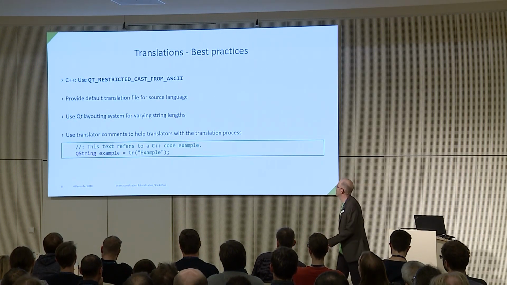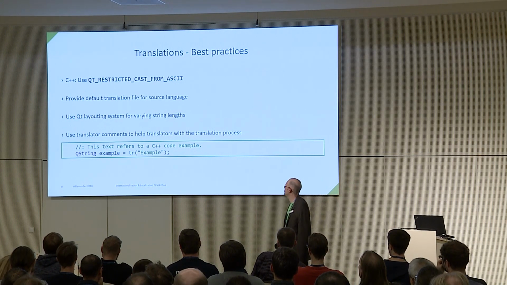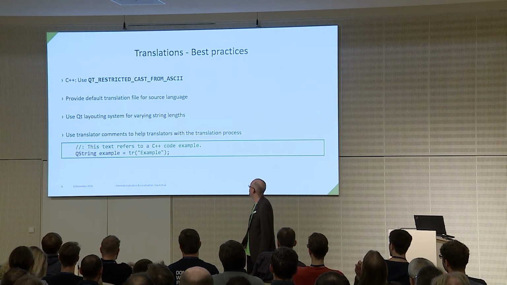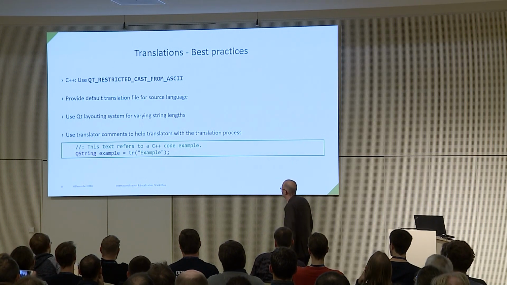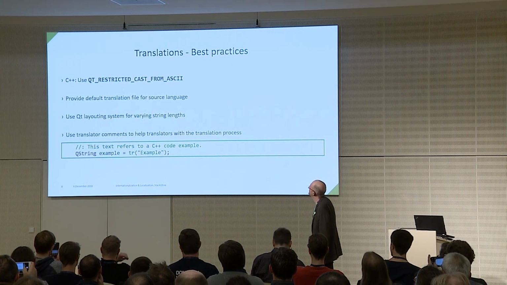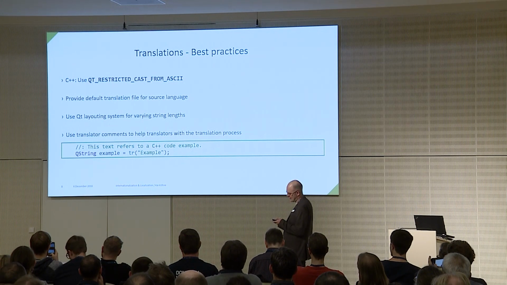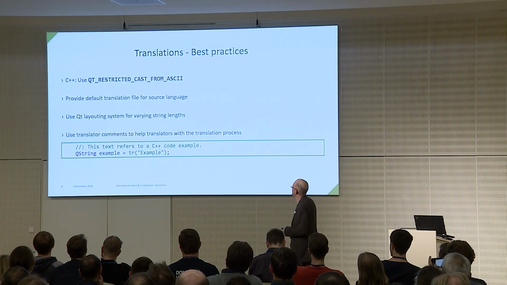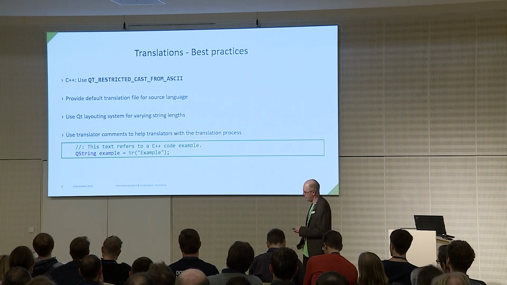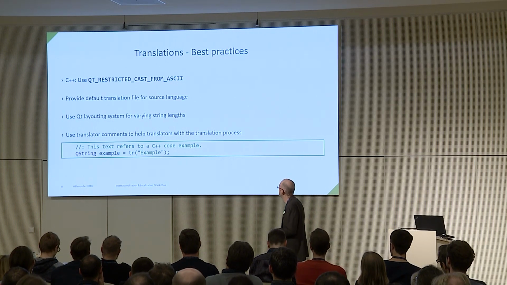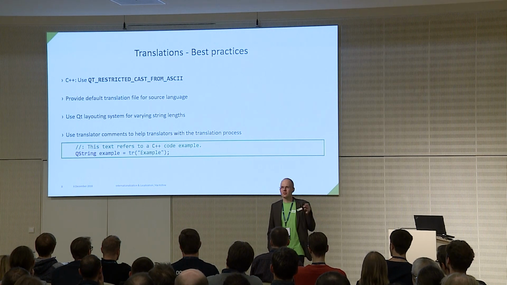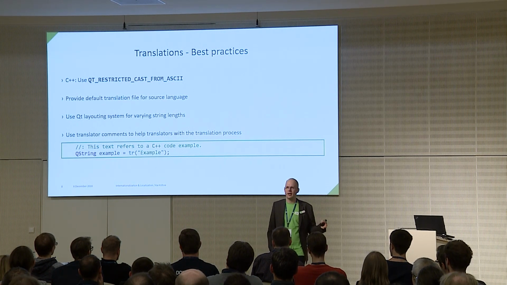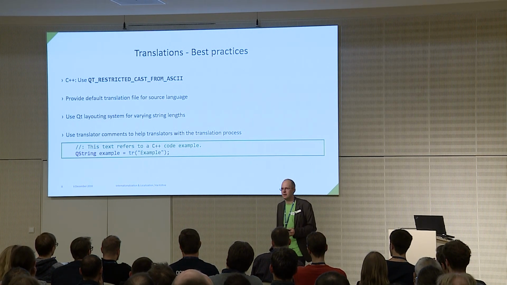What have we seen more? So the advice is to use QT_RESTRICTED_CAST_FROM_ASCII or QT_NO_CAST_FROM_ASCII. The difference is minor and very technical, but you should probably set one of these, so that you mark every string as translatable or not. You should also provide a default translation for your source language. So if you're writing your app in English, provide an English translation.